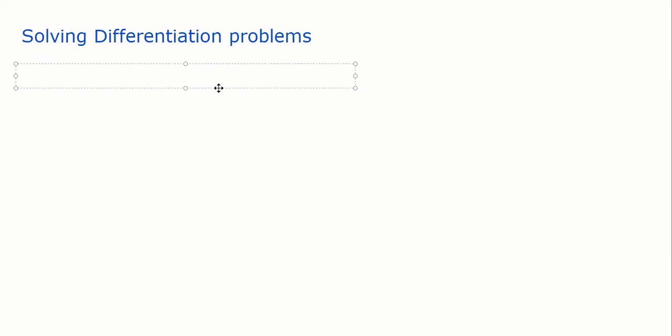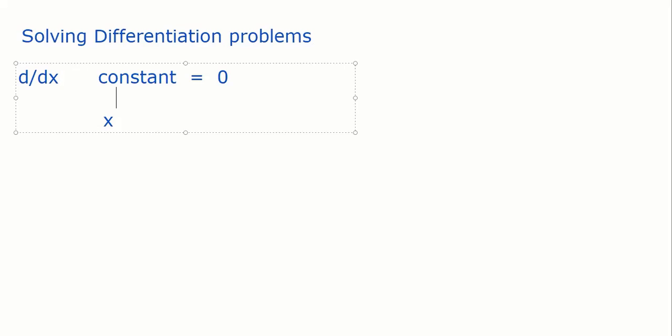Okay, as I said yesterday, d by dx of a constant is 0. d by dx of x to the power n is n times x to the power n minus 1.